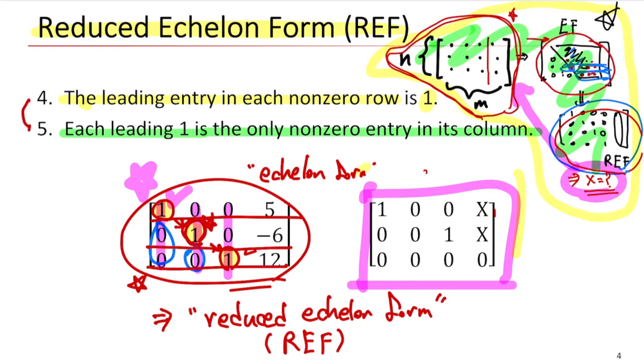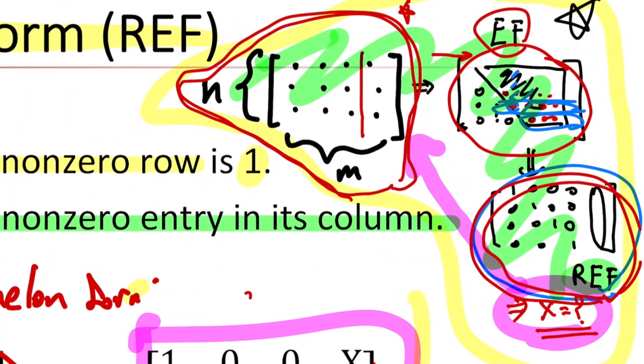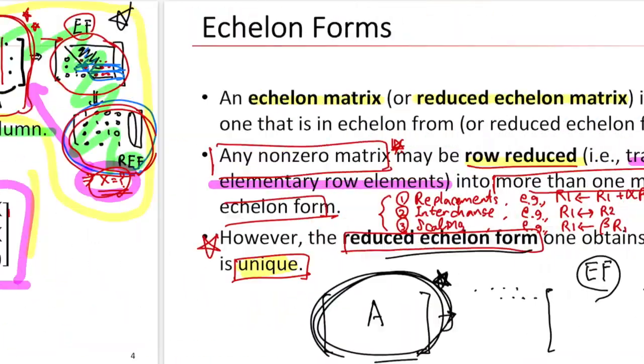The intermediate matrix is called the echelon form, and then we finally get the reduced echelon form. What does that mean? If we find the reduced echelon form for an arbitrary matrix, then we have a solution of this reduced echelon form, and this solution set will be the solution set of the original matrix. Okay, so that's what we want to do.